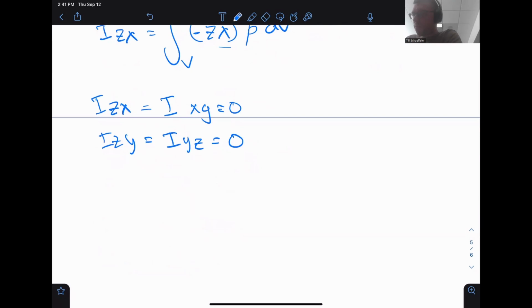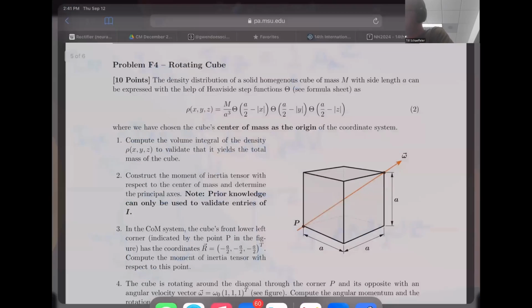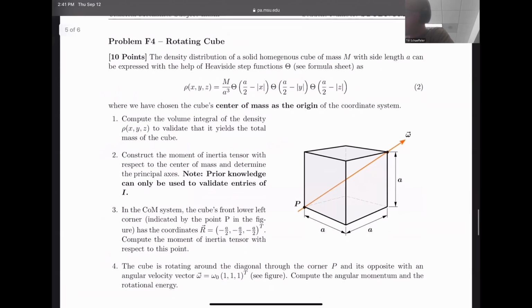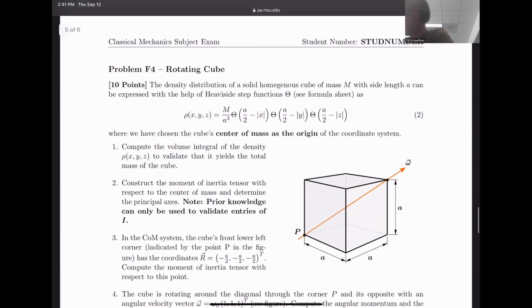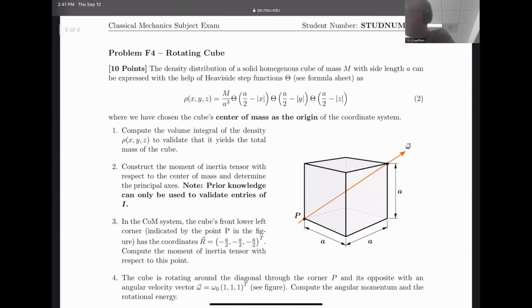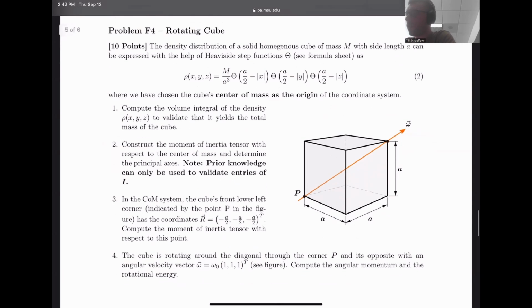So now we can write the complete moment of inertia tensor. One thing I forgot to mention in this first part of the problem: we're doing the moment of inertia tensor with respect to the center of mass. We were doing that already because this cube was centered at the center of mass, and the origin of our coordinate system is the center of mass as well. I forgot to mention that at the beginning, but the moment of inertia tensor that we're solving for right now is with respect to the center of mass.